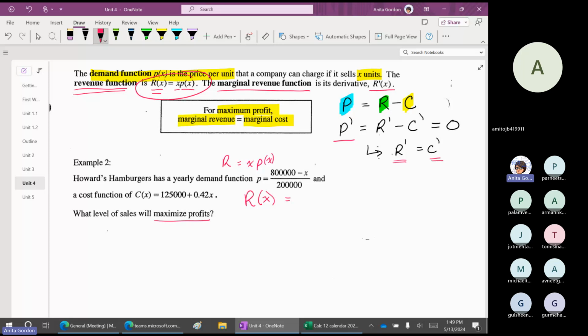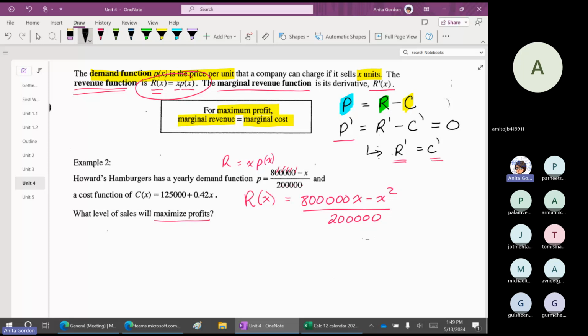Right there. Your revenue, your income, is the price for one thing times the amount of things that you have sold. So this is going to be 800,000, how many zeros? 1, 2, 3, 4, 5 zeros. X minus X squared all over 1, 2, 3, 4, 5 zeros.